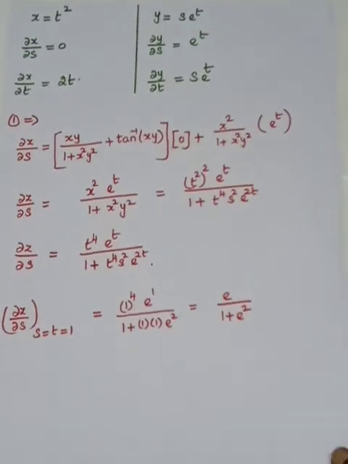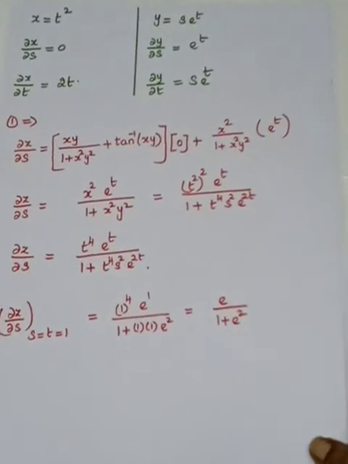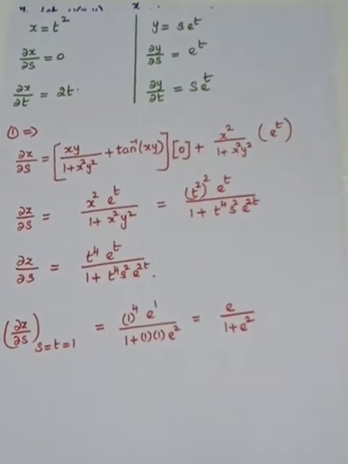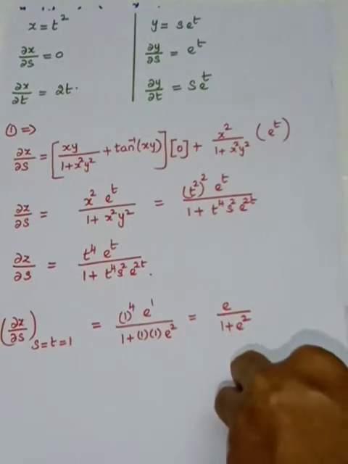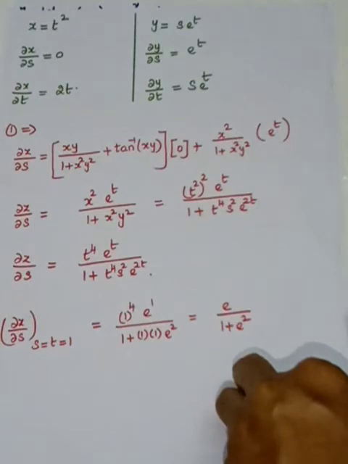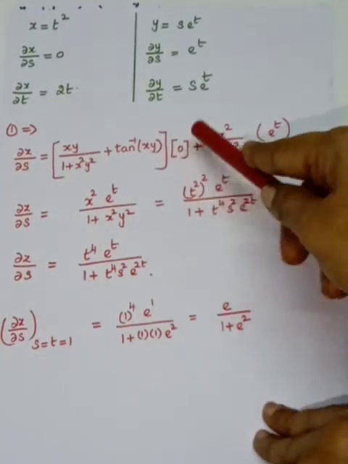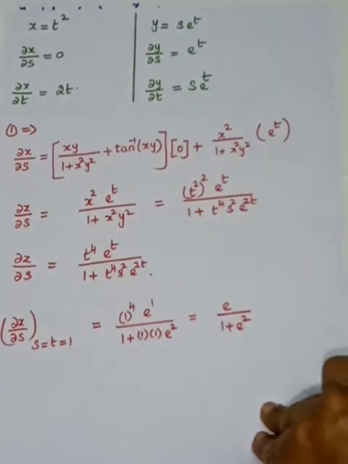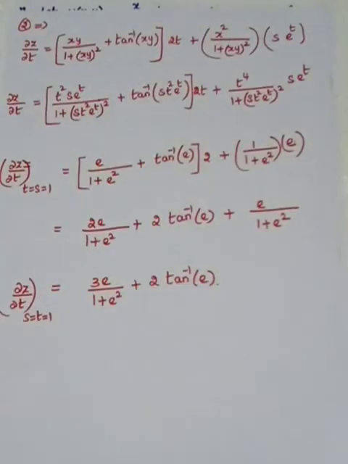So the second result also you have to find, what it is, dou z by dou t. Okay, so what is the formula? Dou z by dou t is dou z by dou x into dou x by dou t. Here, if it is t that is asked, you have to write with respect to t.